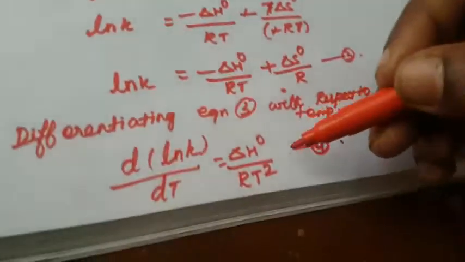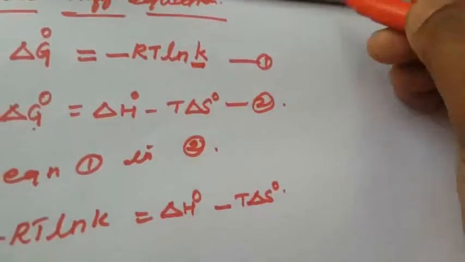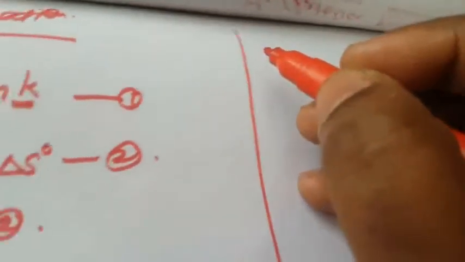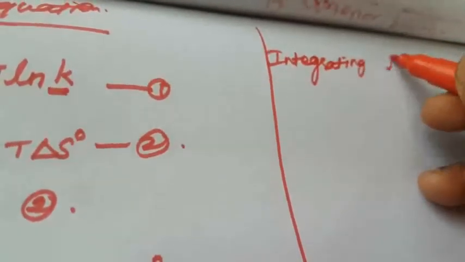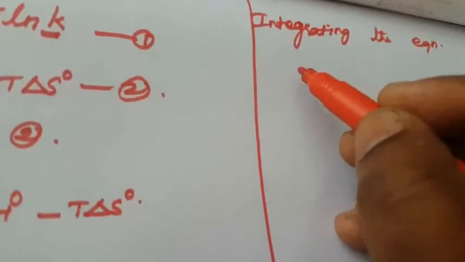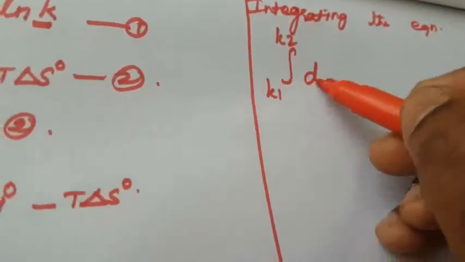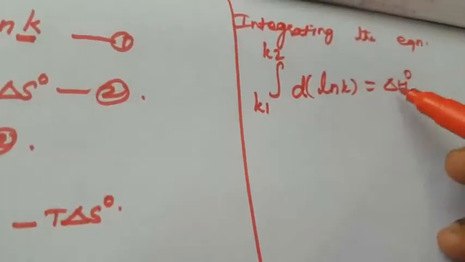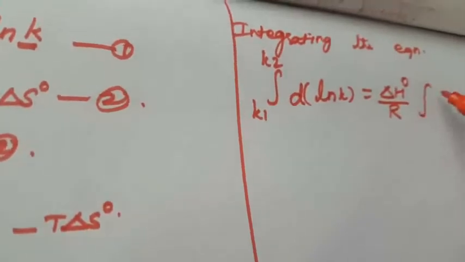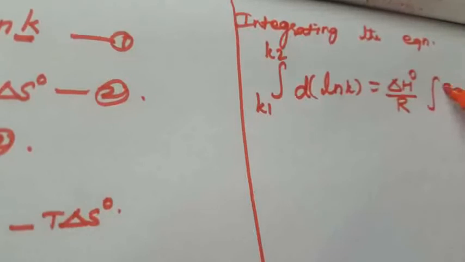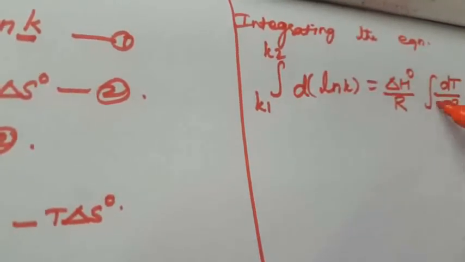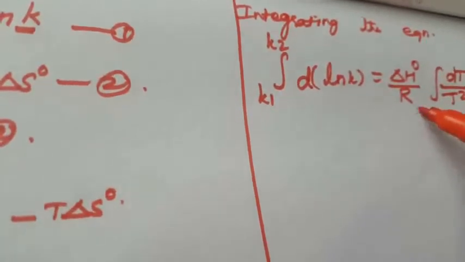Now this is a differential equation, so we integrate it again. The integral from K1 to K2 of d ln K equals delta H0 by R, a constant term, times the integral of dT by T square with limits T1 and T2.